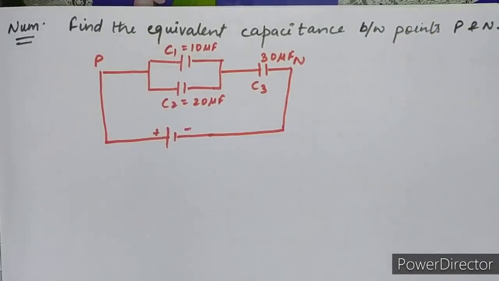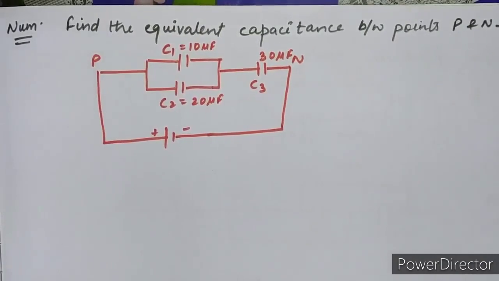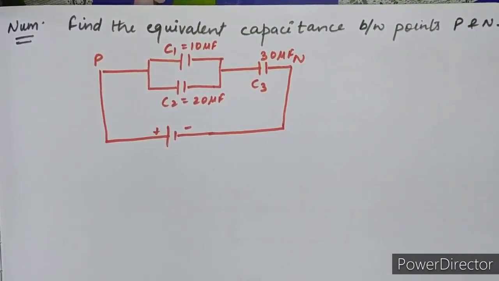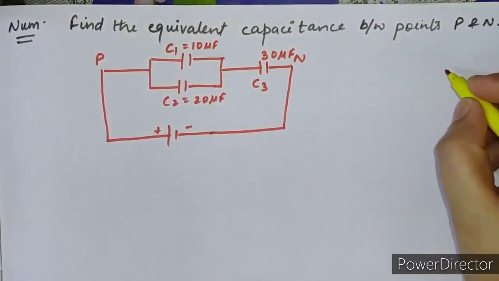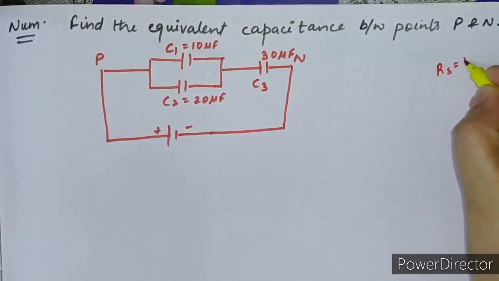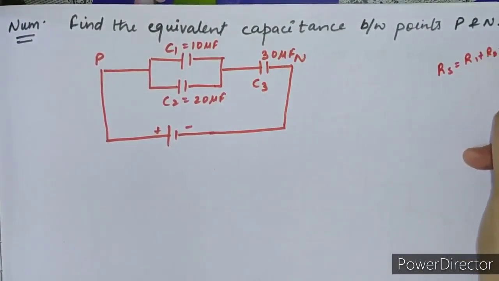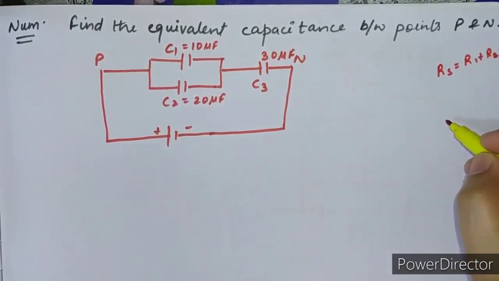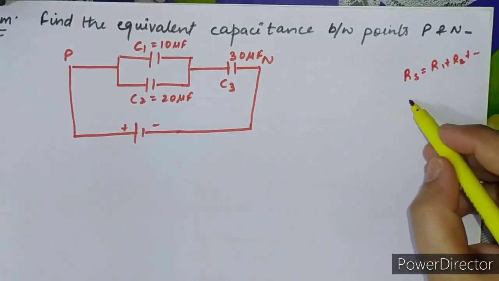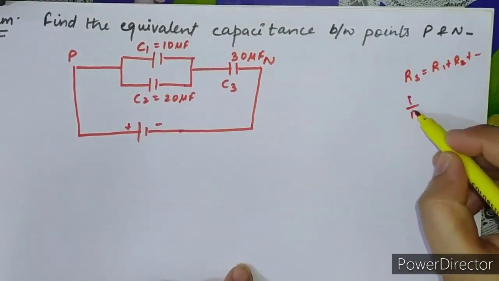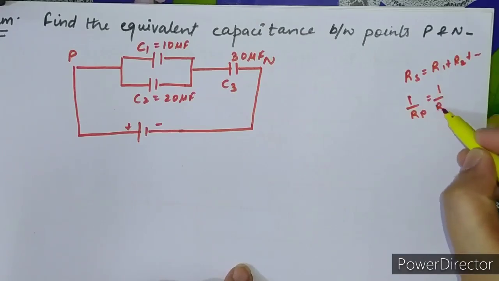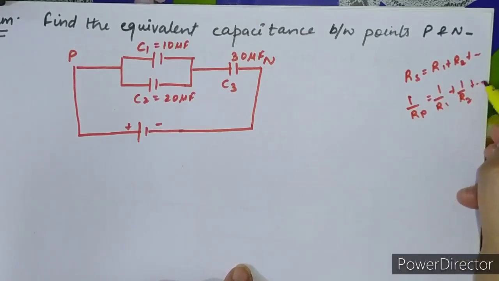Now we have discussed both combinations, series combination and parallel combination. If you have not forgotten, or if you remember the series and parallel combinations of resistance, you have the formula that in series it is R1 plus R2 and so on, and in parallel it is 1 upon R1 plus 1 upon R2 and so on.